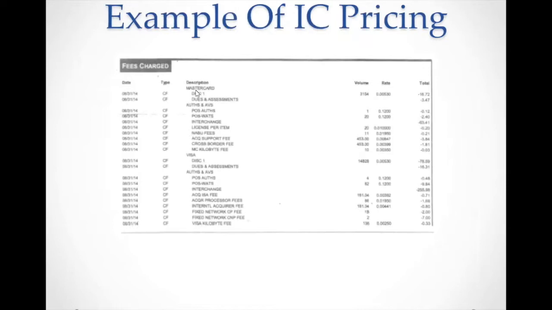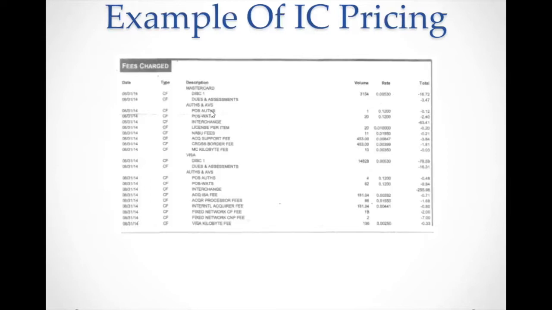So we've gone over what the discount fee is, the discount rate. So you go to discount, 0.0053. What that's telling you is that this account is set up so they're paying 0.53% above Visa MasterCard's cost.